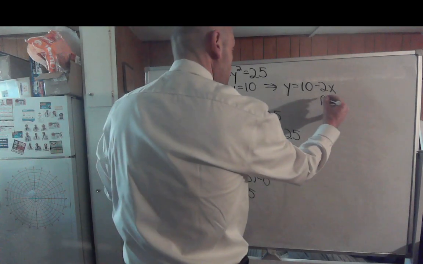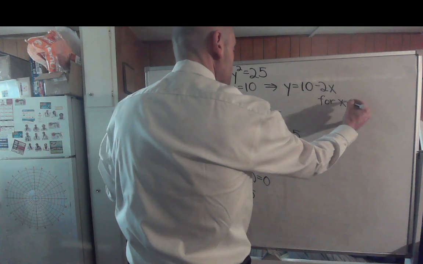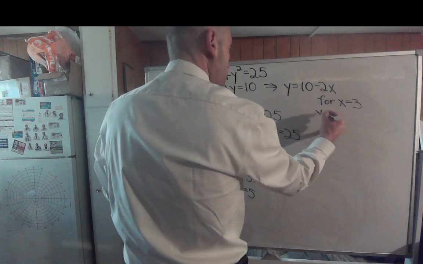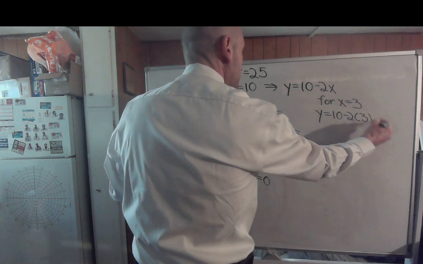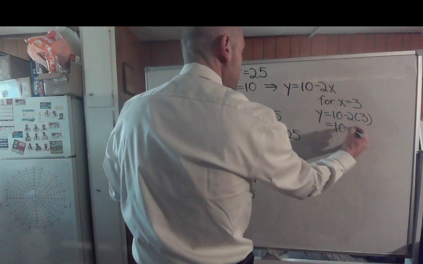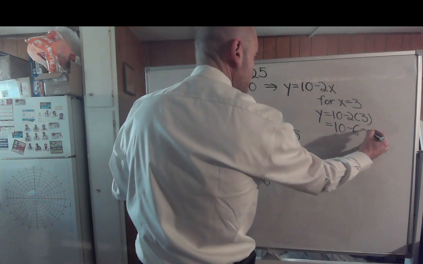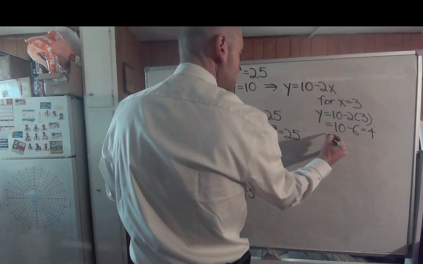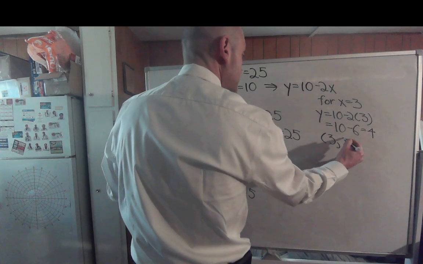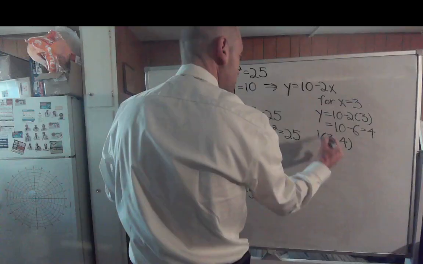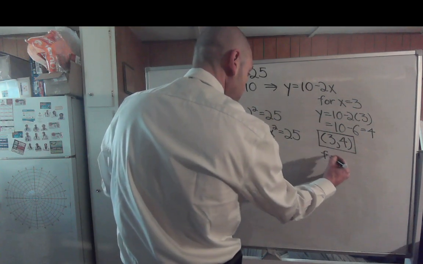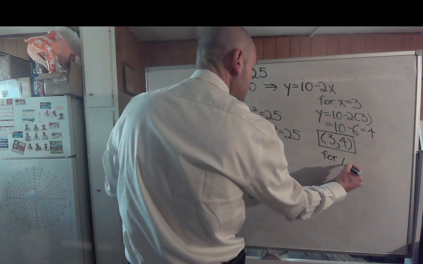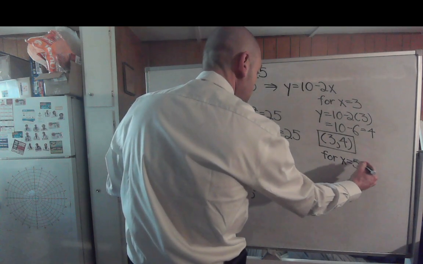So for x equals 3, y would equal 10 minus 2 times 3, which would equal 10 minus 6, or simply 4. So one ordered pair you're going to get is 3, 4. Now, we also have to consider x equals 5.